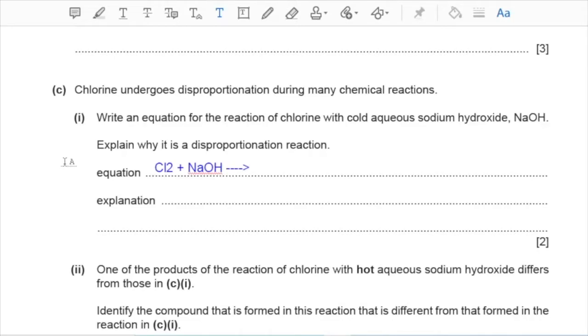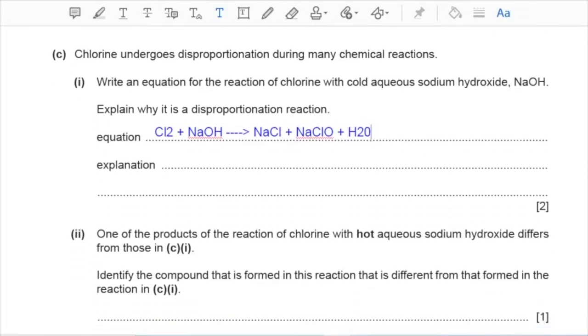Since chlorine gas is reacting with cold NaOH, it will have different products as compared to if it was reacting with hot aqueous sodium hydroxide. It will give NaCl plus NaClO plus H2O. If the chlorine gas was reacting with hot aqueous sodium hydroxide, it would have given some other products.